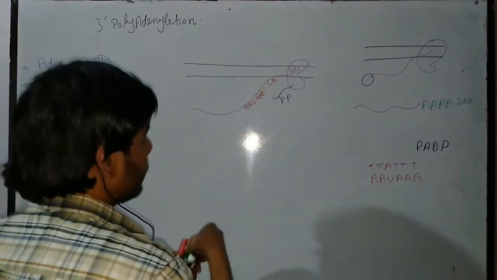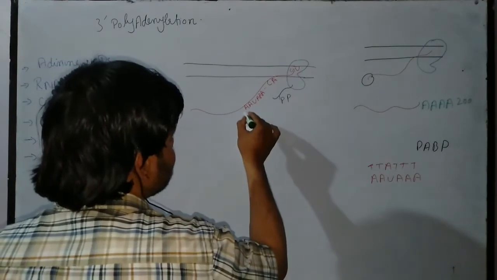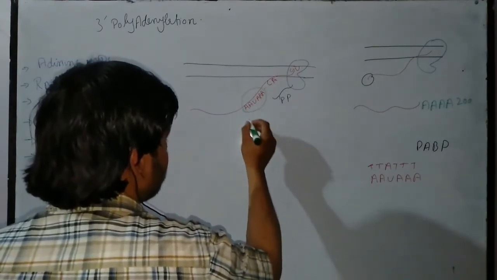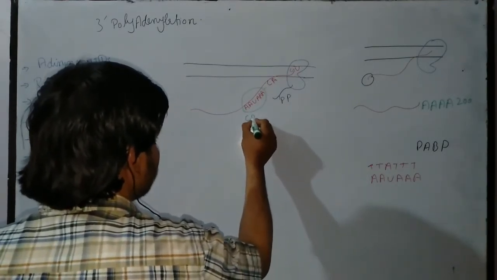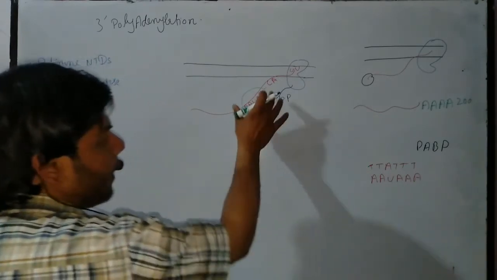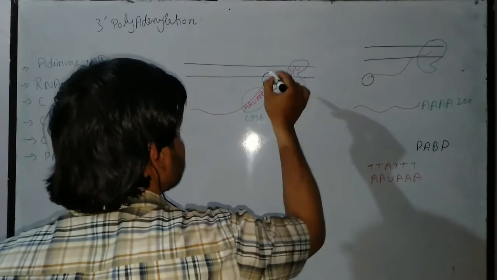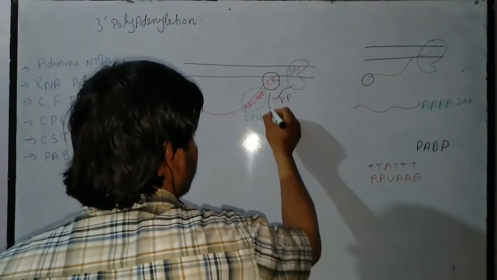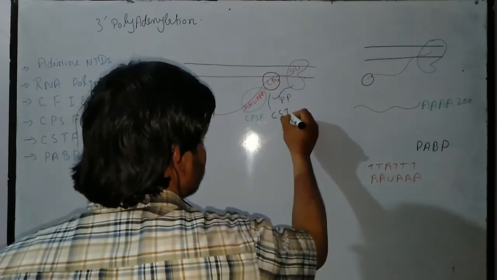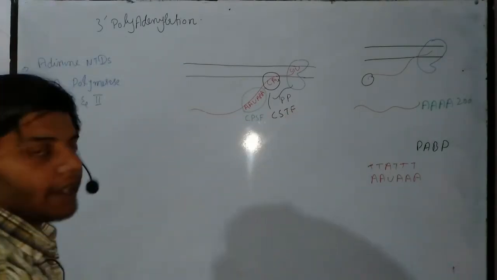Let me draw here, this is CPSF. It will bind to this termination signal, and then this is another cleavage factor, CSTF. It will bind at that specific area.